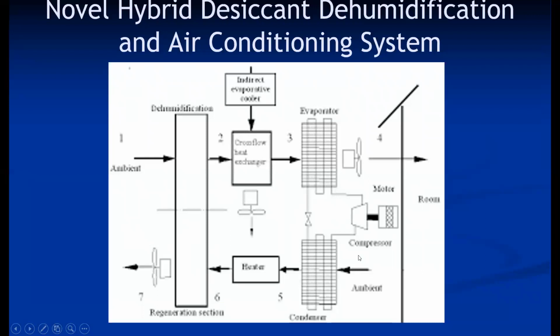For reactivation, first the energy is recovered from the condenser. Instead of a heater, because the purpose of this air is also to condense the refrigerant. When that air becomes hot, it is further heated in the heater, and for reactivation, it is made to flow over the desiccant wheel. So absorption and desorption processes happen.